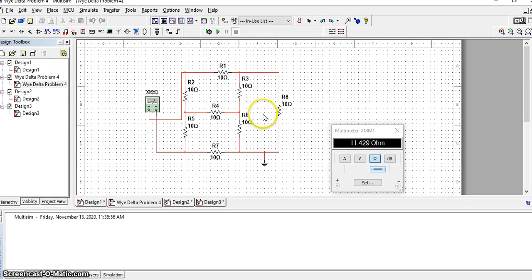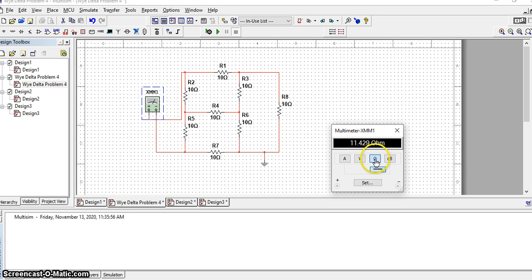You can verify the same using Multisim. Just connect the circuit in Multisim by arranging the resistances in the same manner as given in the original question. And you need to calculate the resistance between this point and this point. So take a multimeter and connect it over here. Put your multimeter in ohm mode.